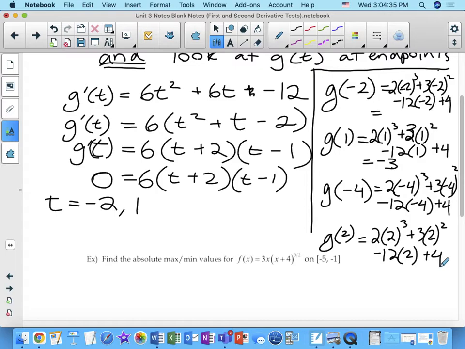Okay, I got 24 for this one. But I make mistakes, as you guys know, so someone should double check this. I got -28. Did someone else get -28 there? I feel like that's wrong. Someone check g of -4 for me. I'm not feeling confident on that one.